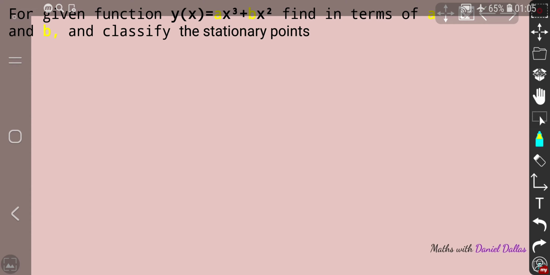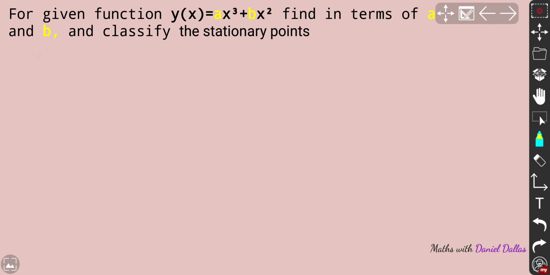So what we have, first, we are going to have the first derivative dy/dx, and at a stationary point it should be equal to 0. In other words, y prime, or dy/dx differentiated with respect to x, will give us 0 at the stationary point.